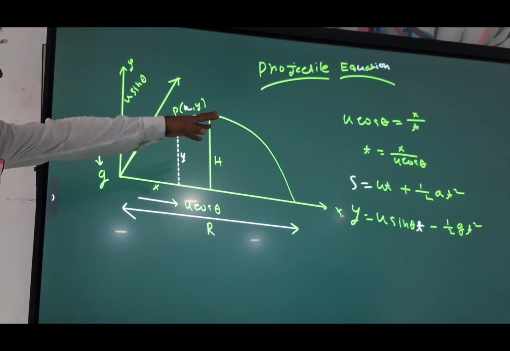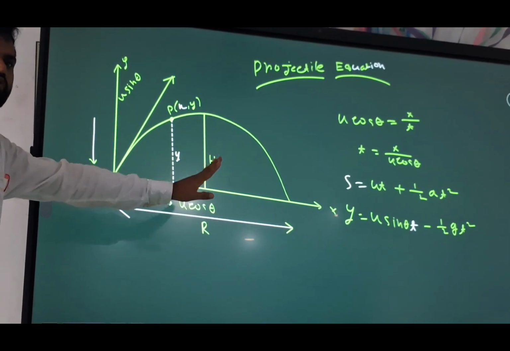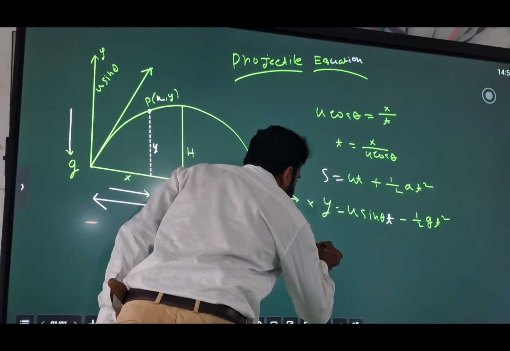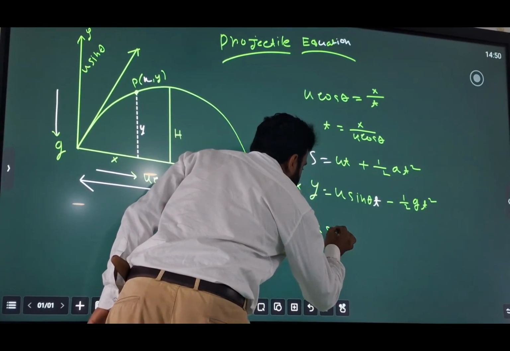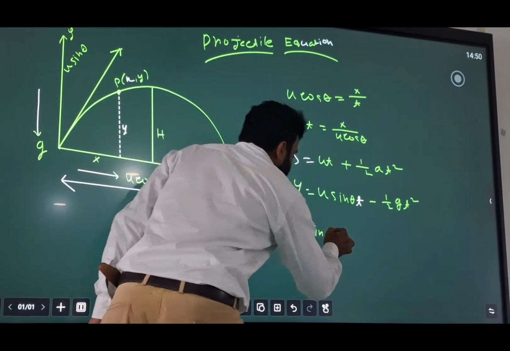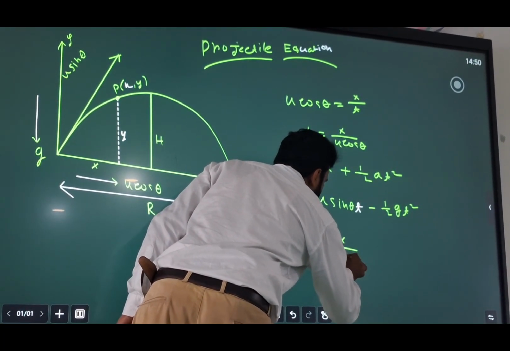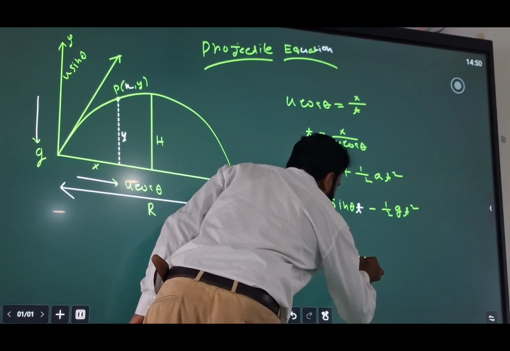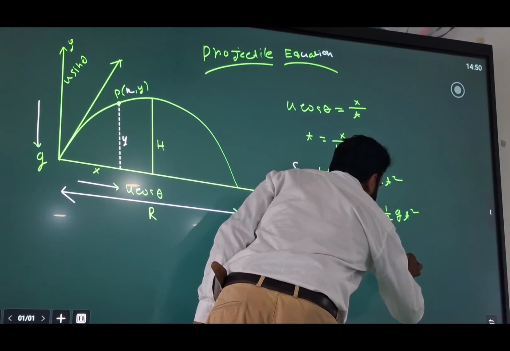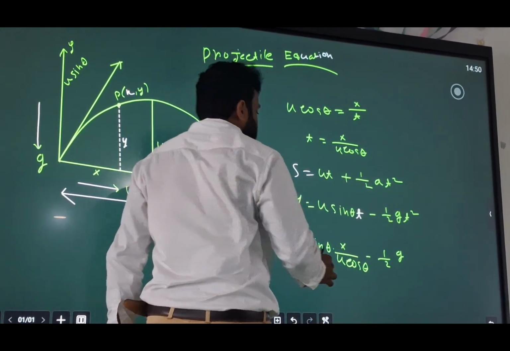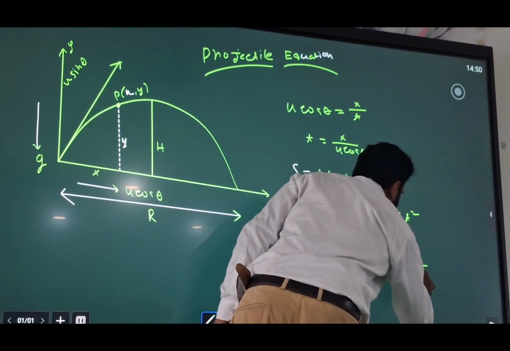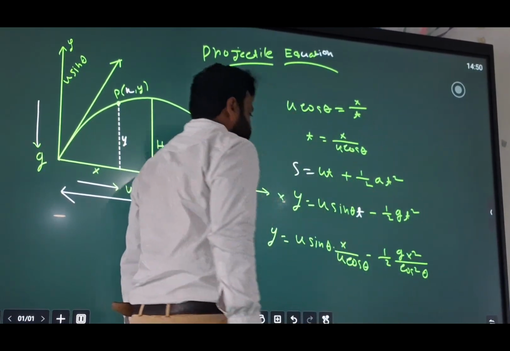Already we found the value of t. Now we put this value of t. So y equals u sin theta, and t value is x by u cos theta, minus half of g t square, which means x square divided by cos square theta.